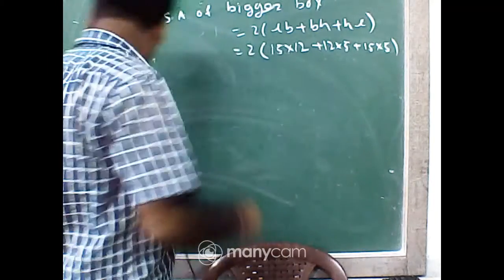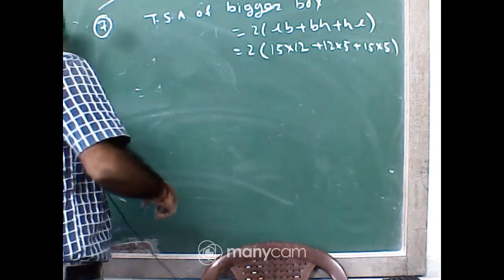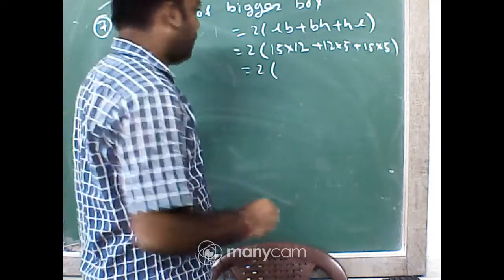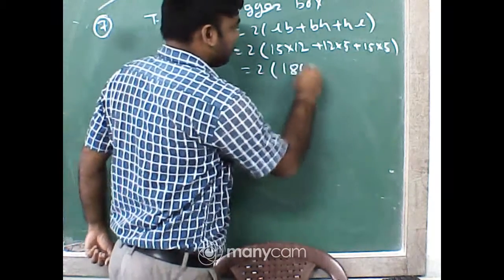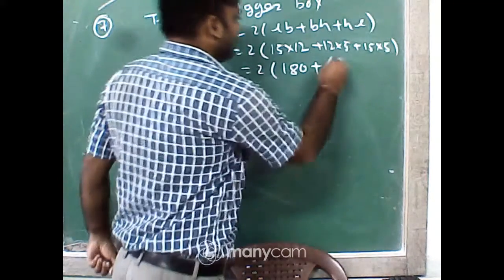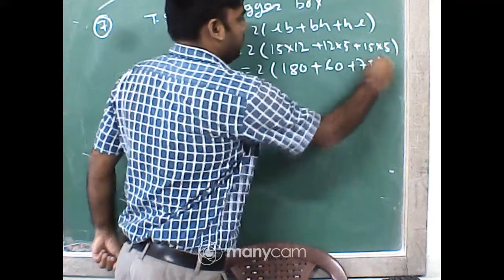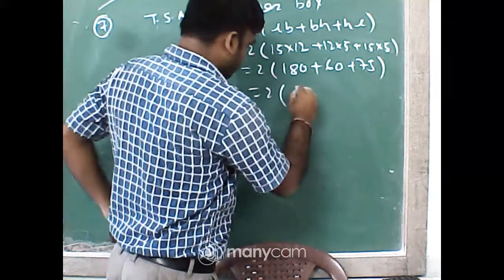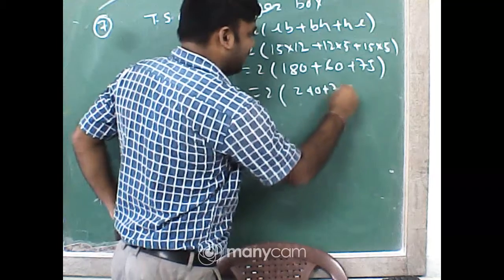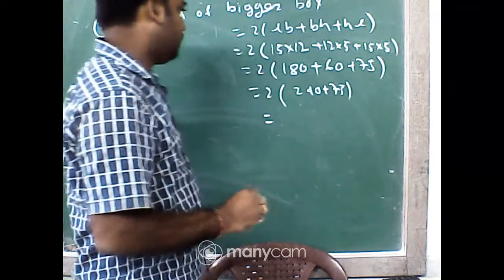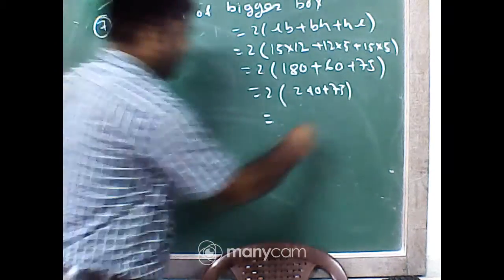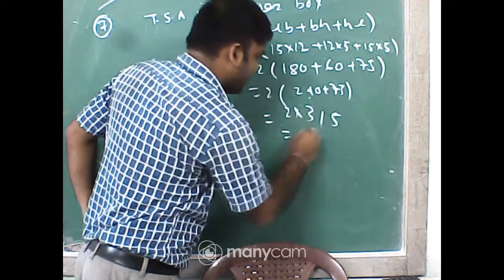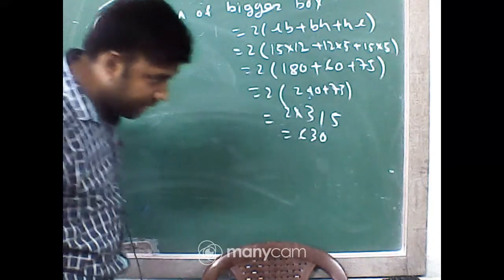Then it will be 15 into 12, that is 180, 12 into 5, that is 60, and 75. So 180 plus 60 is 240, 240 plus 75 will be 315, 2 into 315. So 630.